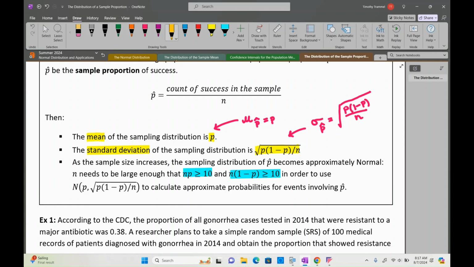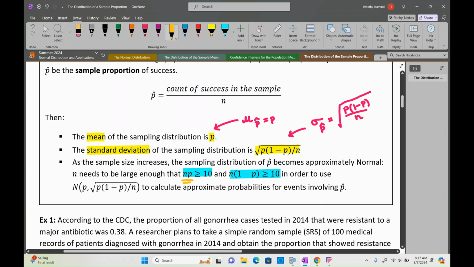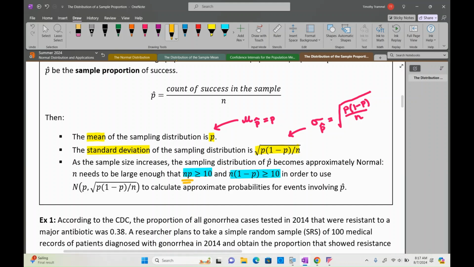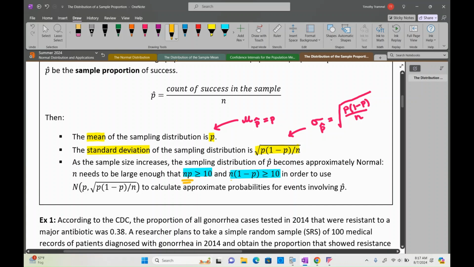The n here is the number of people, and p is the proportion of successes. So n times p would be the number of successes that would be expected in a sample, and n times 1 minus p is what we would expect for the number of failures.